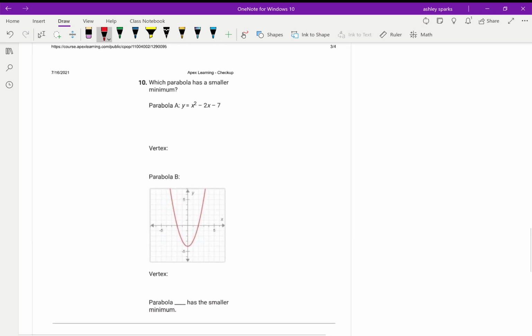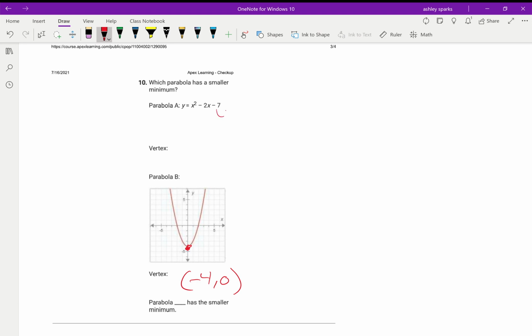Oh, okay. So which parabola has a smaller minimum? So we need to find our vertex. For B, my vertex is here, so I don't have to do much work. I just need to write it down. So that is the point (-4, 0). So we're trying to figure out who's lower. So I need to find my vertex here.